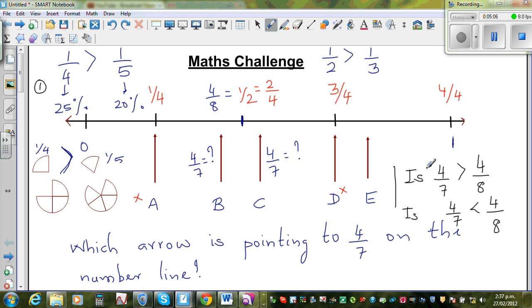Okay, so now using that same logic, let us answer this question. Which is greater? The top numbers are the same. So 4/7 is greater than 4/8. This is not right. As the bottom number is smaller, the fraction becomes bigger. So the answer should be, which arrow is pointing to 4/7?